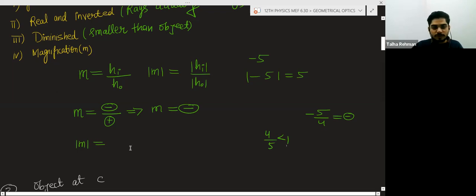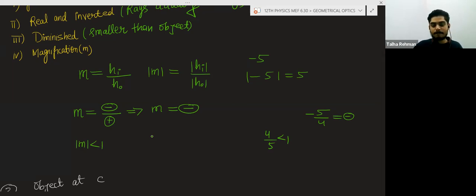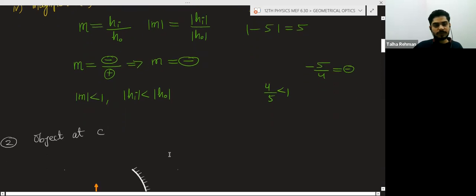So magnification here is less than 1, because height of the image is less than height of object.